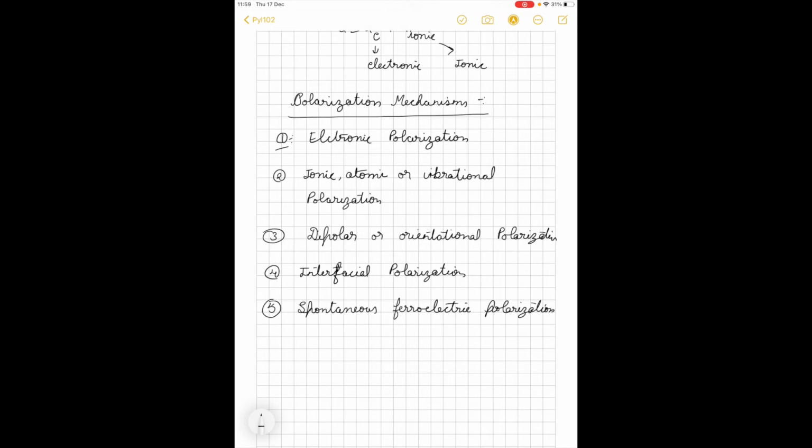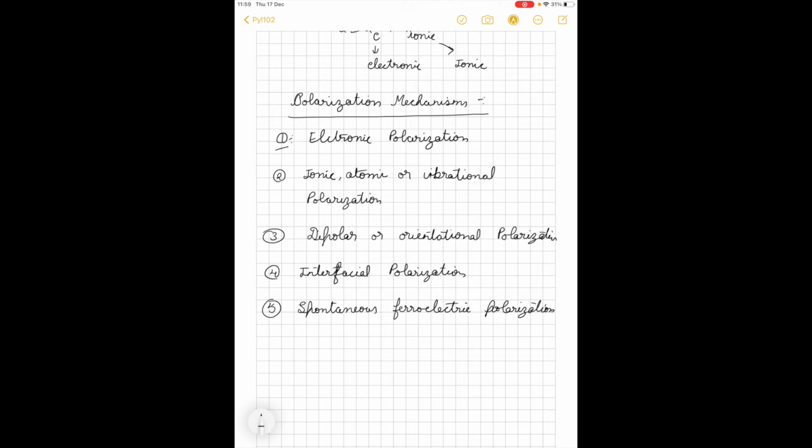All these polarization mechanisms depend on what kind of material you have and what kind of bonds it has, whether they are ionic, covalent, whether they are polar, or whether they have some spontaneous polarization.